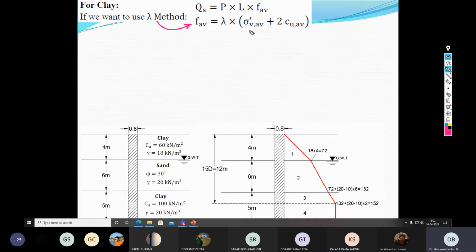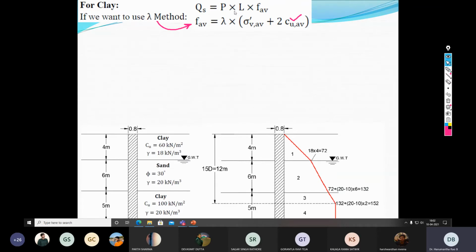However, sigma V dash is the mean effective vertical pressure. Remember, previously it was the average vertical effective overburden pressure, but in the lambda method it is the mean effective vertical pressure. Similarly, Cu is the mean shear strength, normalized over the length of the pile.